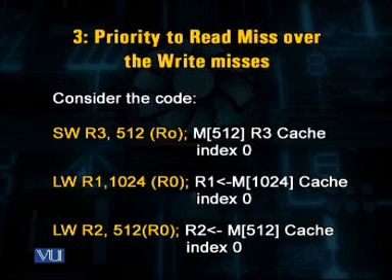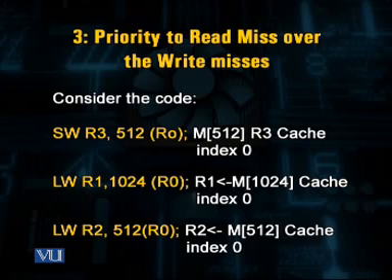Now let us see how the cache access is performed. Here, the data in R3 register is placed in the write buffer after the first instruction, that is, after the store instruction, which uses index value of 512.